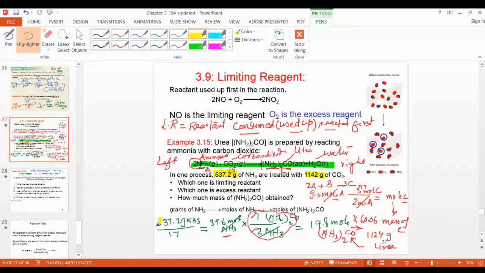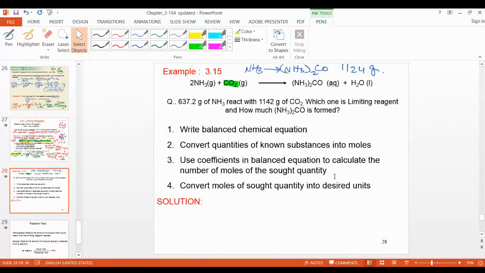So from ammonia you already calculated here, right? Now you have to follow the same thing, 1142, from carbon dioxide, same method.